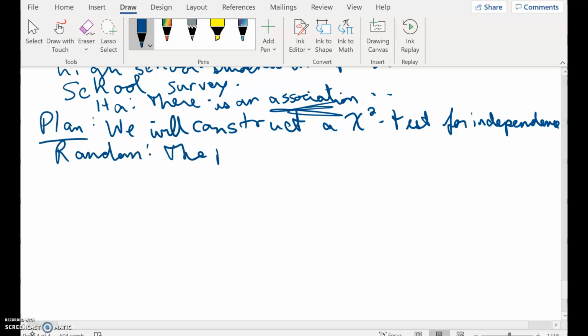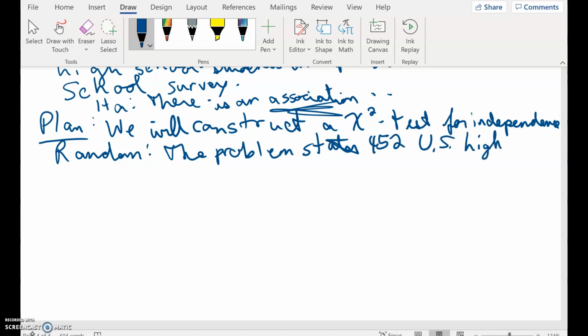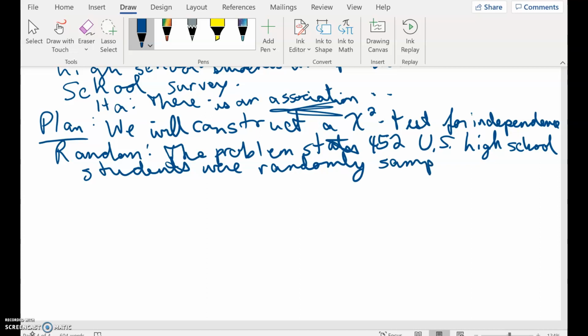The problem states 452 U.S. high school students were randomly sampled. 10%.